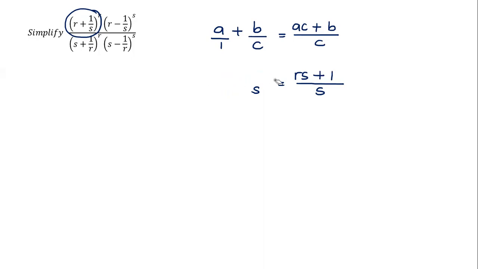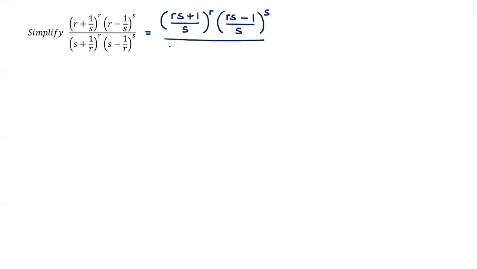Understand? So I want to move on to each and every bracket inside your question to make them a single fraction. Here it is going to be RS plus 1 over S. Got it? And that one is going to be again RS minus 1 over S. Okay, this is S. Sorry.